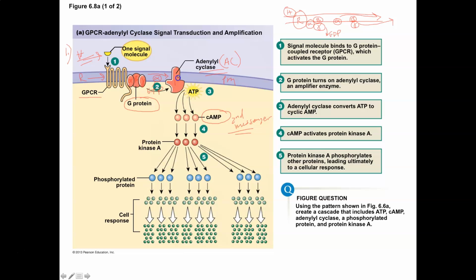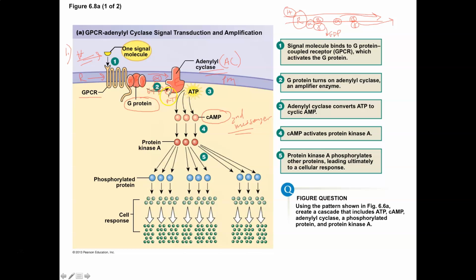So this is the enzyme embedded in the plasma membrane that's going to interact with the active subunit. So in this example, we're saying that the alpha picks up GTP and it's moving through the plasma membrane and it's binding to the enzyme. This enzyme then becomes active when the active subunit is attached to it.